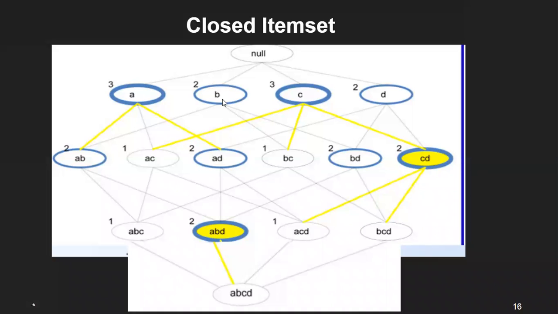Second, the item sets that are circled with thick blue are called closed frequent item sets. And the item sets that are circled with thick blue and have the yellow fill are the maximal frequent item sets. What we highlighted in yellow is called a maximal frequent item set.